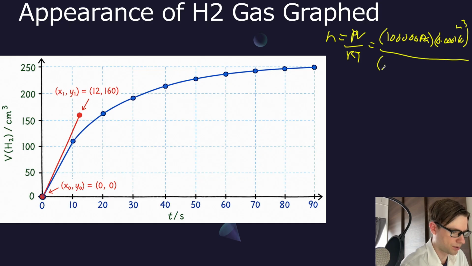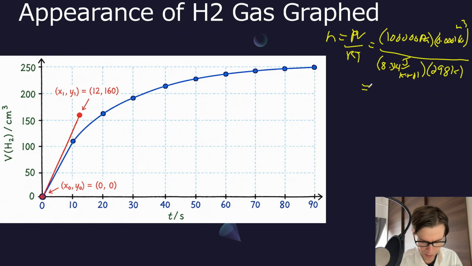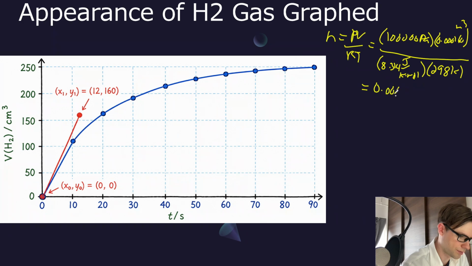And then R, as usual, 8.314 joule per Kelvin per mole. And temperature 298 K. But that will come out to give us 0.00646 moles.